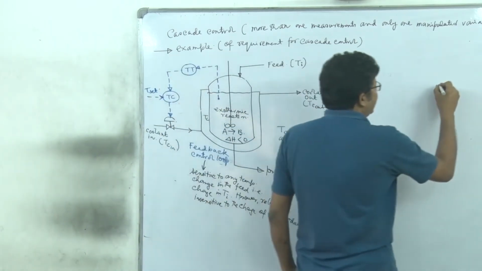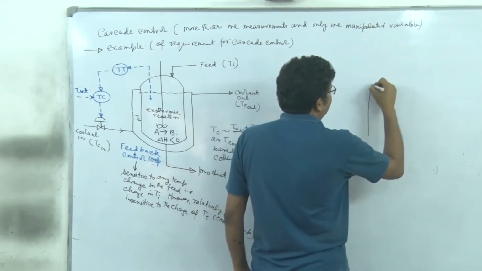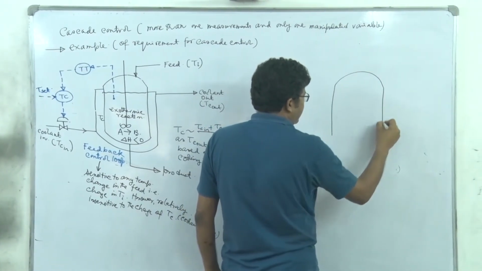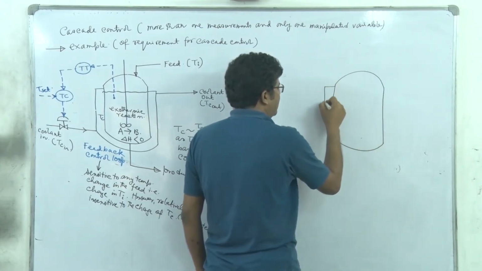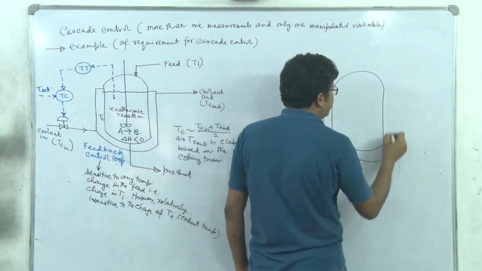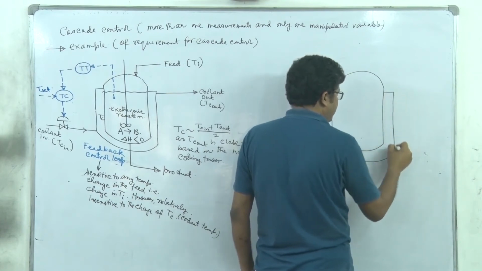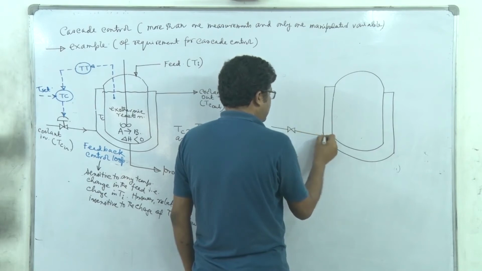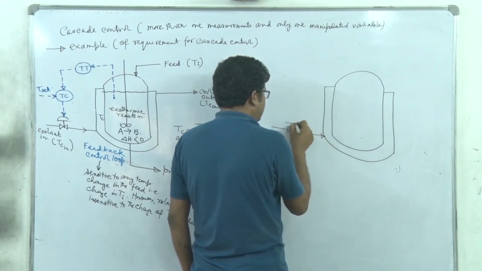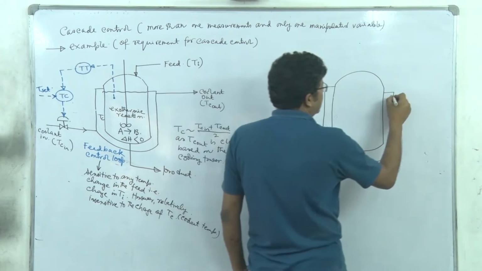So here what will be the respective strategy and the P&ID. The same unit, coolant jacket, right? Coolant flow line, outflow.